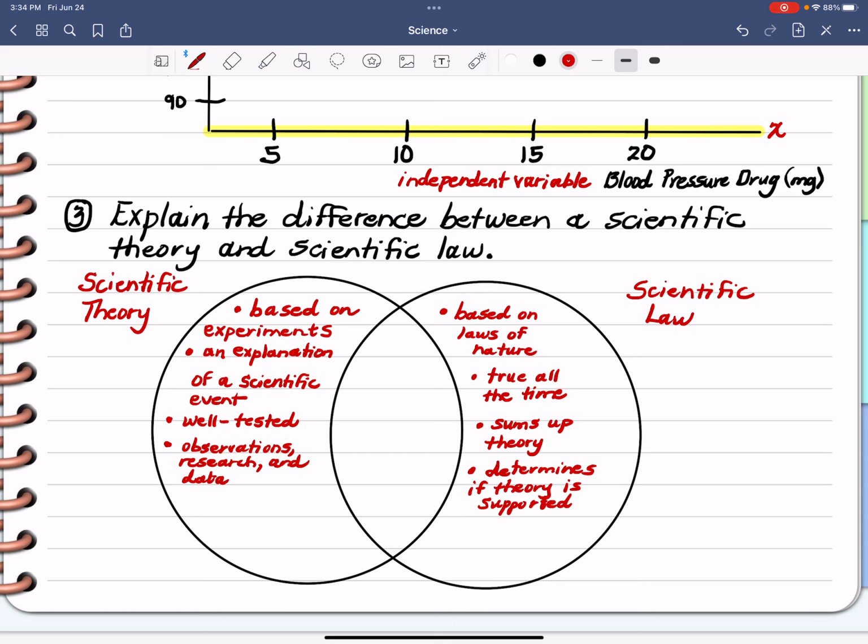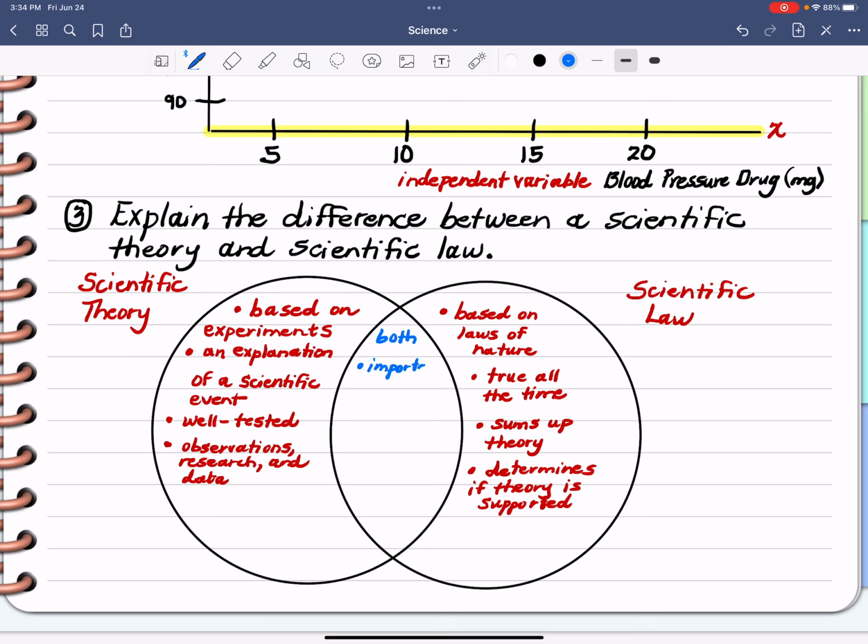Okay, one thing that I do want to show you here, and I'm going to change the color. On a Venn diagram, this middle section is always reserved for both. So how are the two things alike? How are the two things similar? Well, both are important in science.